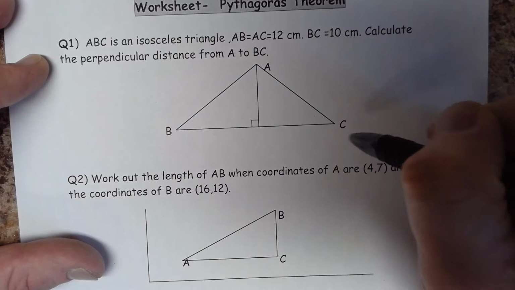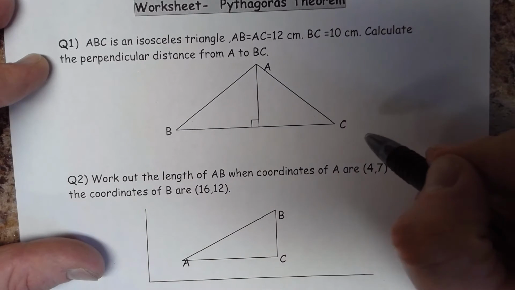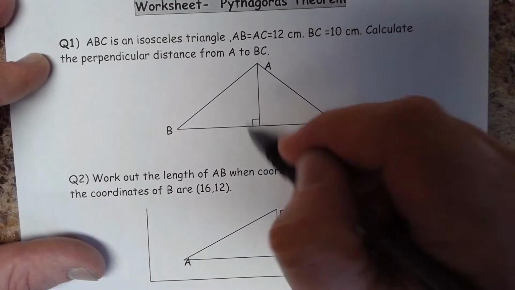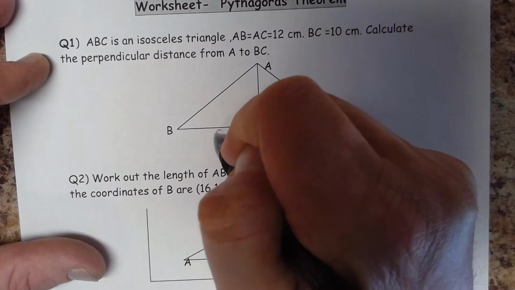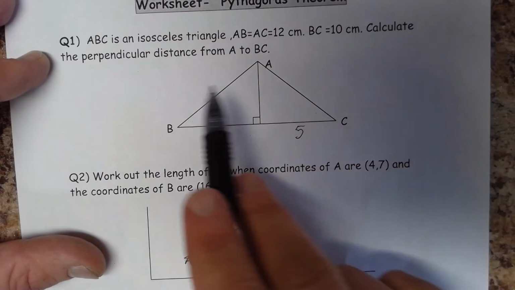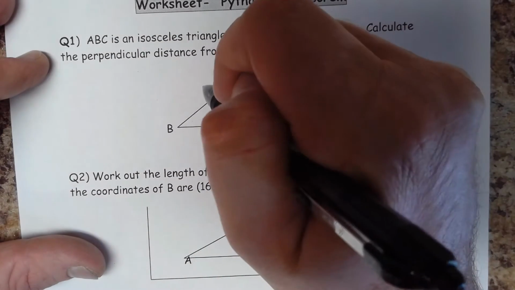So all the way along the bottom here, from B to C, we have 10. So that means each half is 5. And then we have these two sides equal to 12 centimeters each.